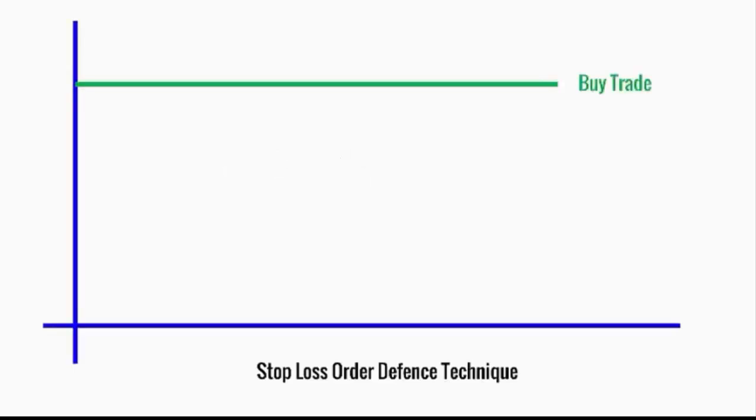So we start off, we're in a position, we have an open buy trade for this example, and we would set a stop-loss order probably at the same time as we entered the buy trade. And we would have to choose where to put the stop-loss order. It could be anywhere below the buy trade. It could be very close to the buy trade, it could be a long way from it.